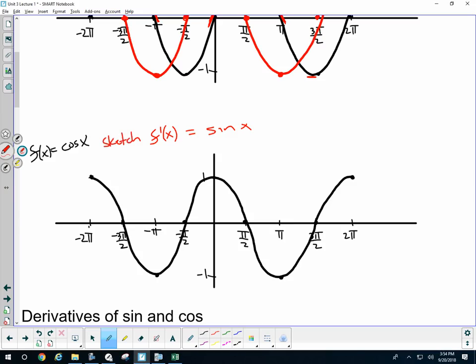Okay? So go ahead and do the same process. Let's confirm this answer of sine of x.